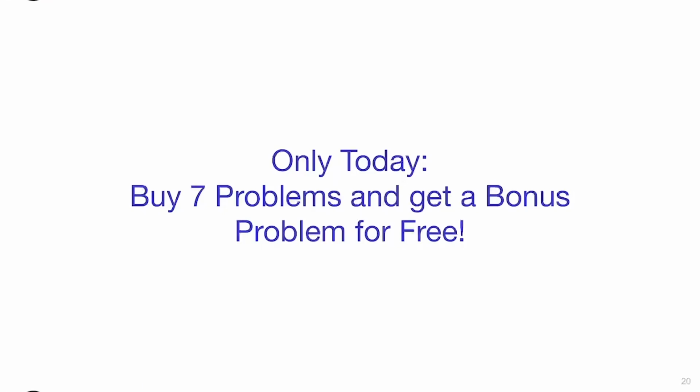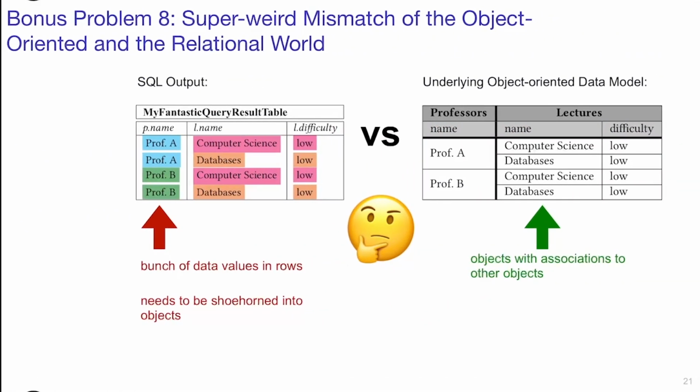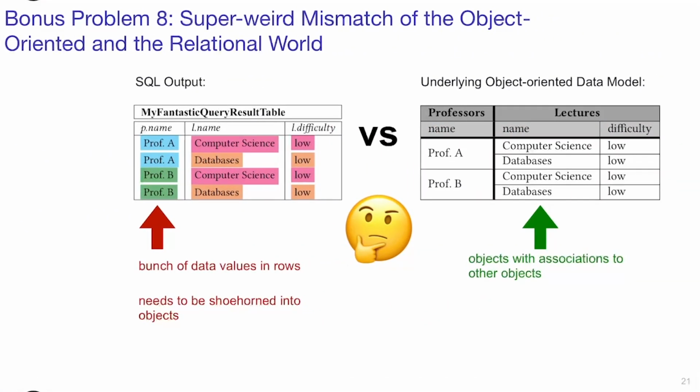And this one is a bit more involved. When you think about it, in SQL you only get a bunch of data values in rows. That's what you get. There was quite some work in the 90s, when object-oriented programming languages came up, and people were questioning whether relational database systems were the right fit for object-oriented models.